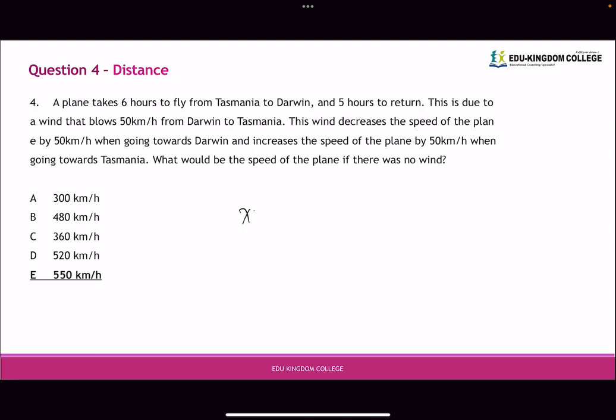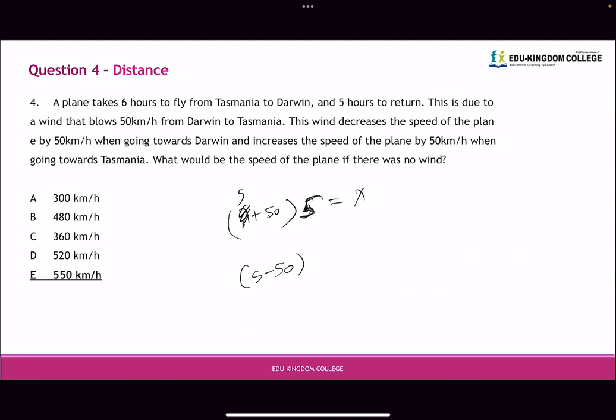So x is speed times time. Actually, let's make that s for speed. So s minus 50 times 6 equals x. Now s plus 50 times 5 equals x as well, because it'll take less time if they're flying faster.